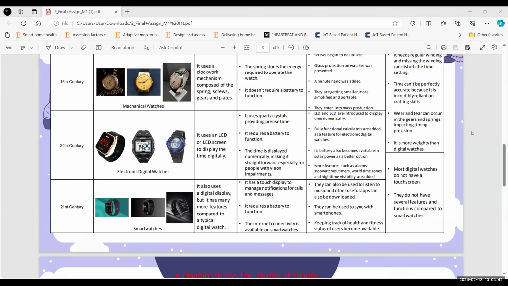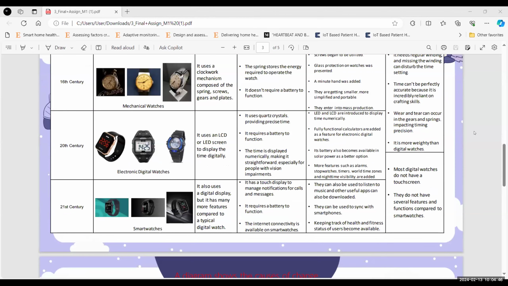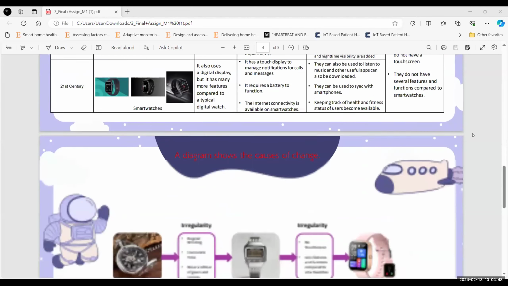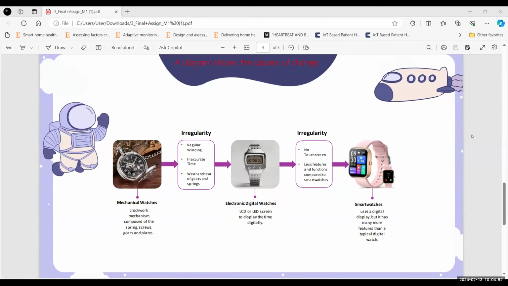So these are some useful changes in the pattern of smartwatches. I think that's all for today. Thank you so much.